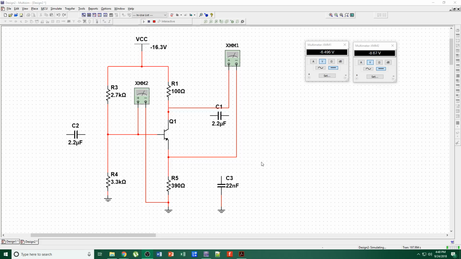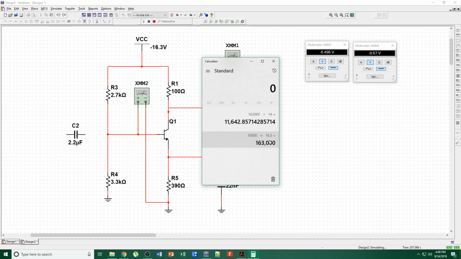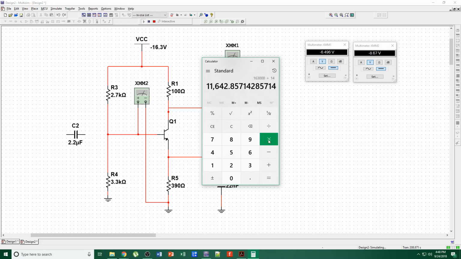So let's say we have 10,000. Multiply that by 16.3 and divided by 14, minus 10K gives me 1.6.